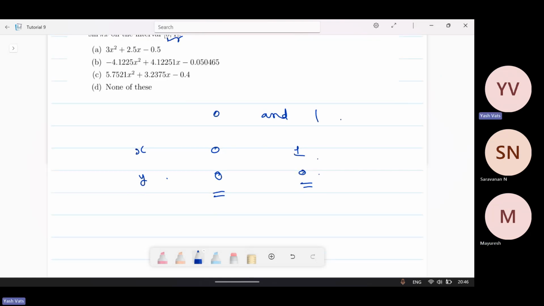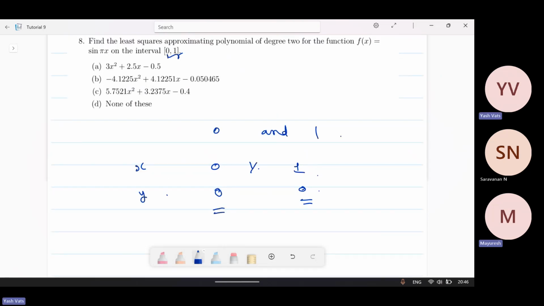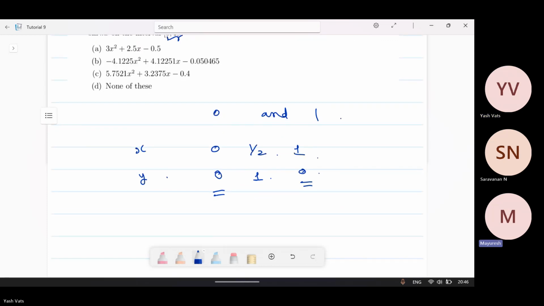How many points do we need for that? Let's say 1 by 2 is also a point. Then sine pi by 2 is 1. For a second order polynomial, you need 3 points at least, right?